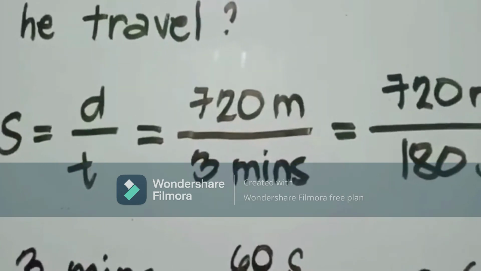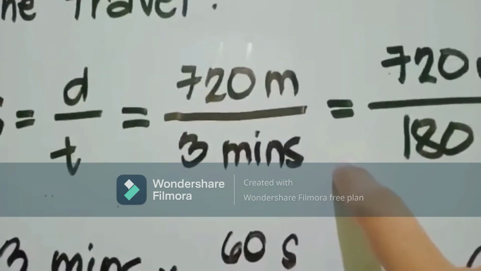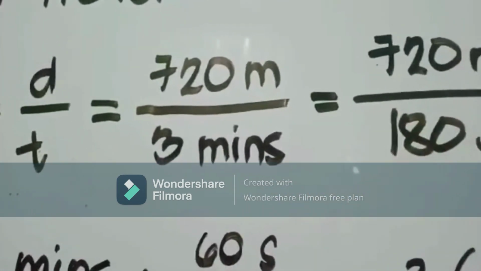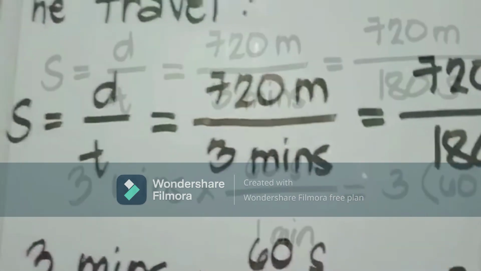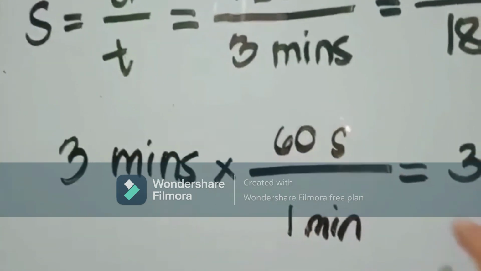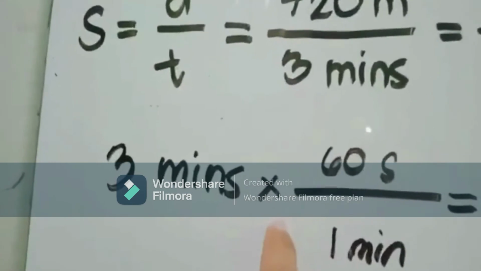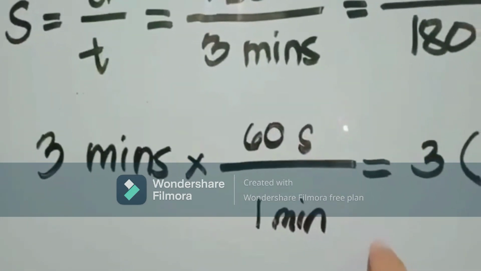Since we cannot divide it directly, we have to convert minutes into seconds. So 3 minutes is multiplied by the quotient of 60 seconds divided by 1 minute.